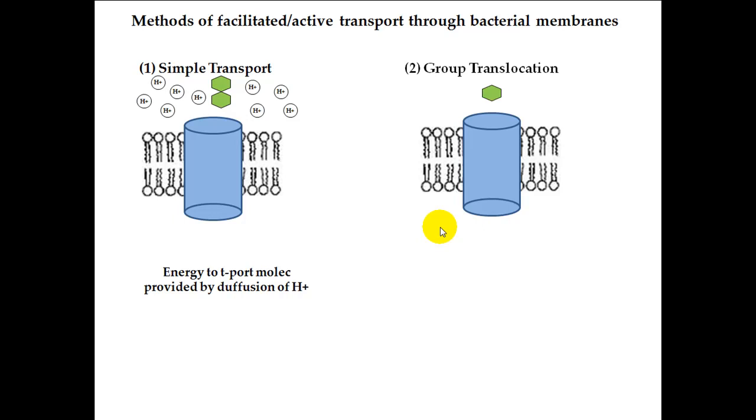So say that this is a molecule that the cell is interested in taking in. During group translocation, it goes through that protein pore, but in transit, it ends up getting modified. An example of a modification that commonly occurs during group translocation is the addition of a phosphate group to that molecule.